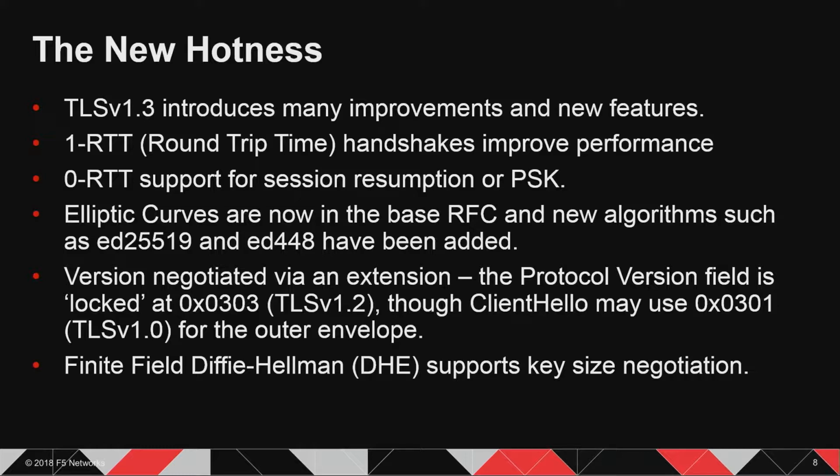Version negotiation has changed in TLS, largely because of backwards compatibility issues. If everyone had followed the RFCs correctly in implementing 1.0, 1.1, 1.2, this wouldn't have been a problem. Unfortunately, people can't follow RFCs. There are lots of broken implementations out there.